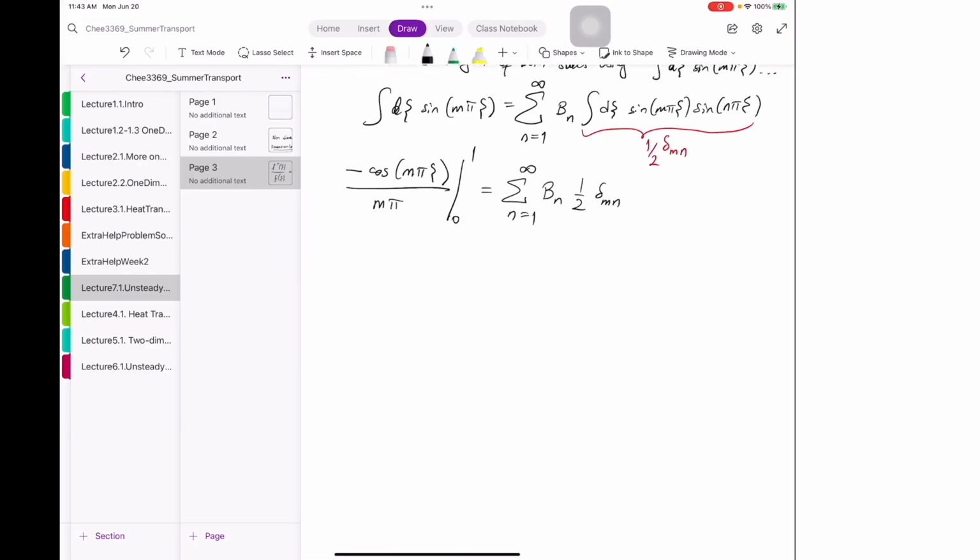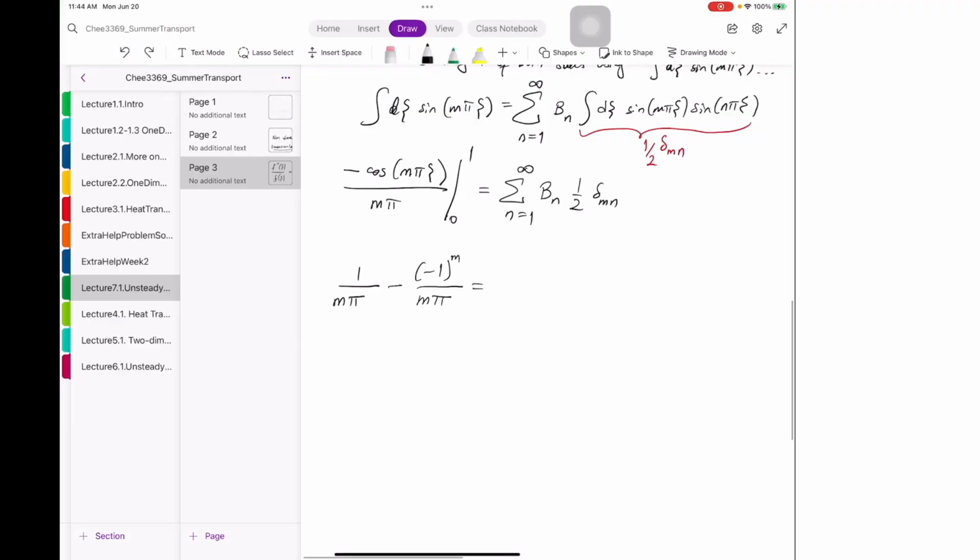On the left hand side you get 1 over m pi minus (-1)^m divided by m pi is equal to, now this one, this entire thing.